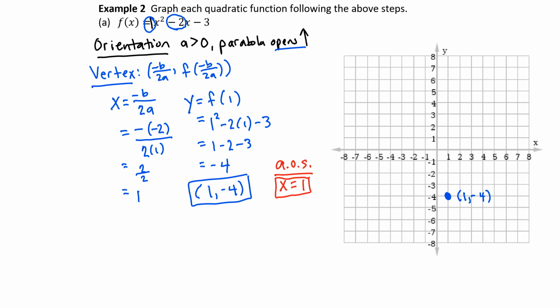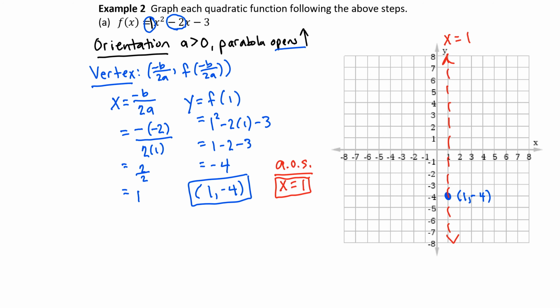Since this is a vertical line, be sure you write the equation of that vertical line. 1 is not sufficient. 1 is a one-dimensional number, right? Or a point on the x-axis. X equals 1 describes every point along this vertical line that has an x value of 1. So just be careful to quote the axis of symmetry using its equation form.